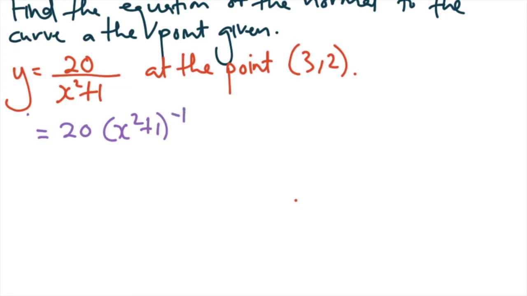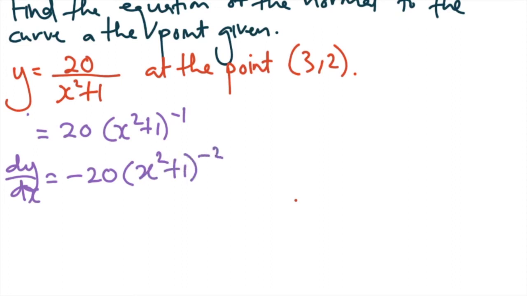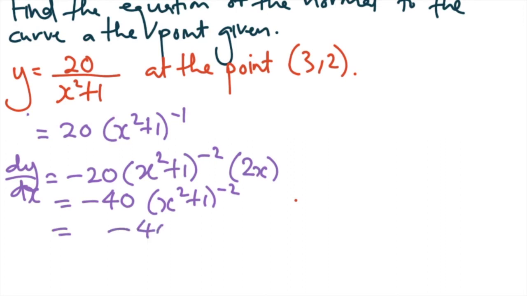Why am I doing this? Because I'm going to use the chain rule. So dy over dx equals -20 (x squared plus 1) to the power of -2, and then you differentiate x squared plus 1, that gives you 2x. So this is -40x (x squared plus 1) to the power of -2, which I can write as -40x over (x squared plus 1) squared.